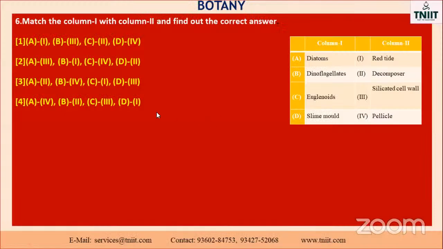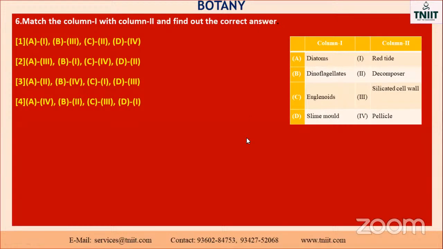Okay, next. Match column 1 with column 2 and find out the correct answer. Here, just imagine the diatom, dinoflagellate, euglenoid, slime mold. These are all known as which one, you know? Fungi, isn't it?